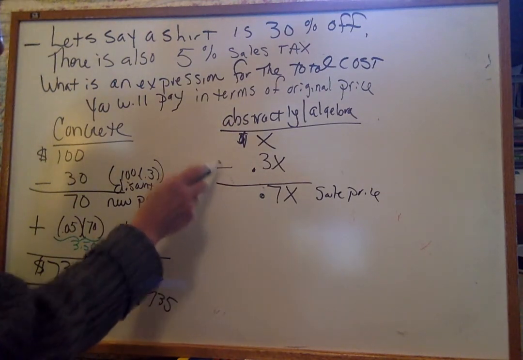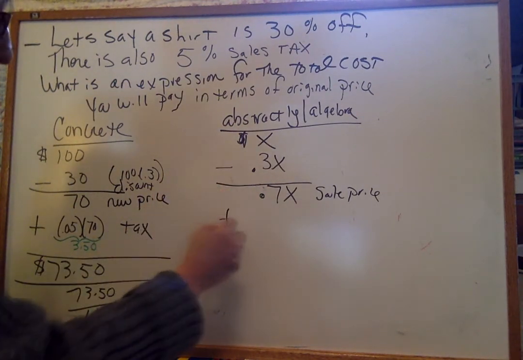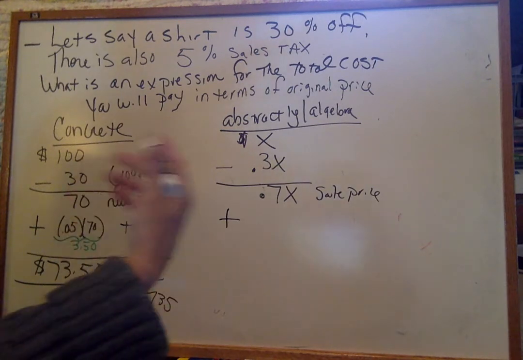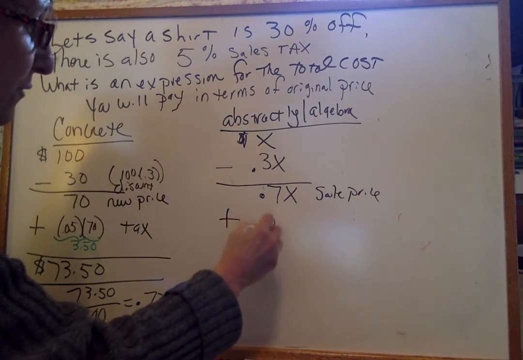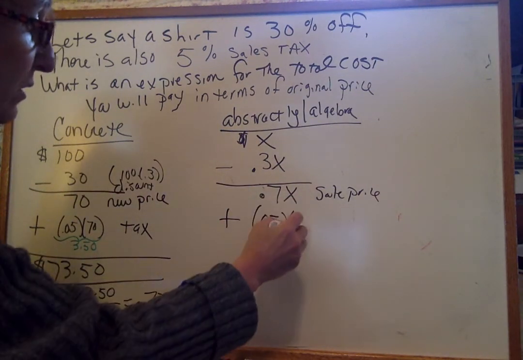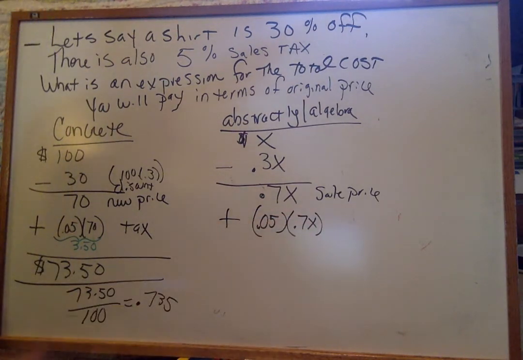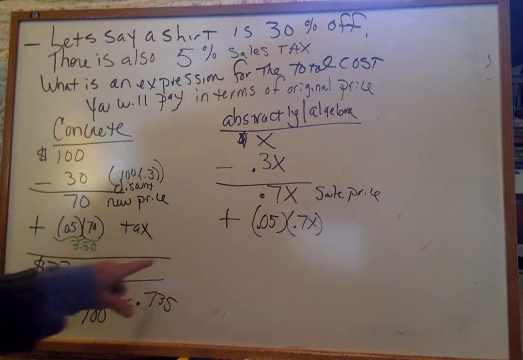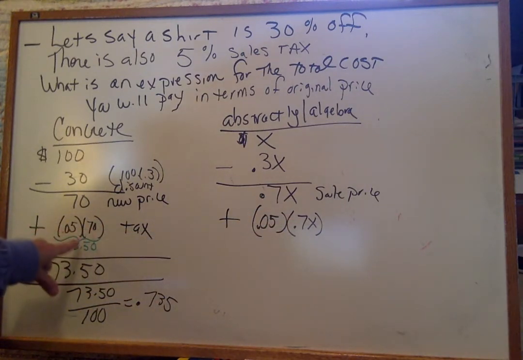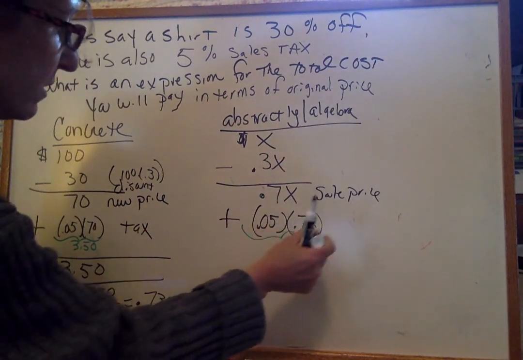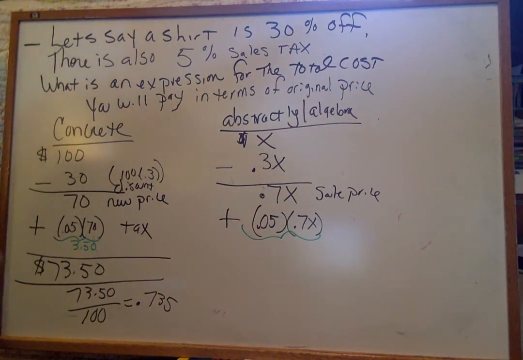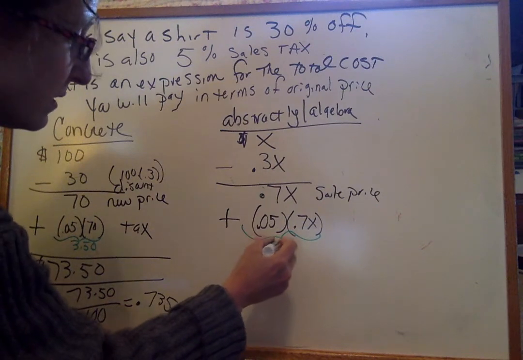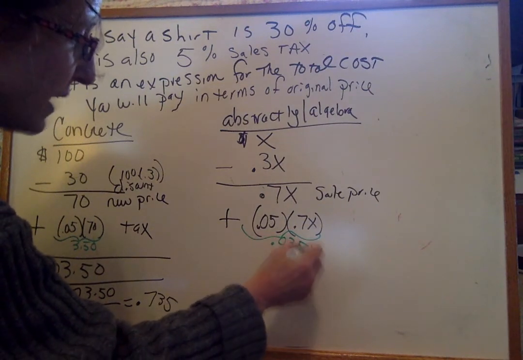Now we discount, right? We subtract, but now we have to add in our tax. What are we adding in? 5% of, remember, of in mathematics means multiply, 5% of the sale price, and this relates to this right here, 0.05 times 0.7x, this is 0.035x.